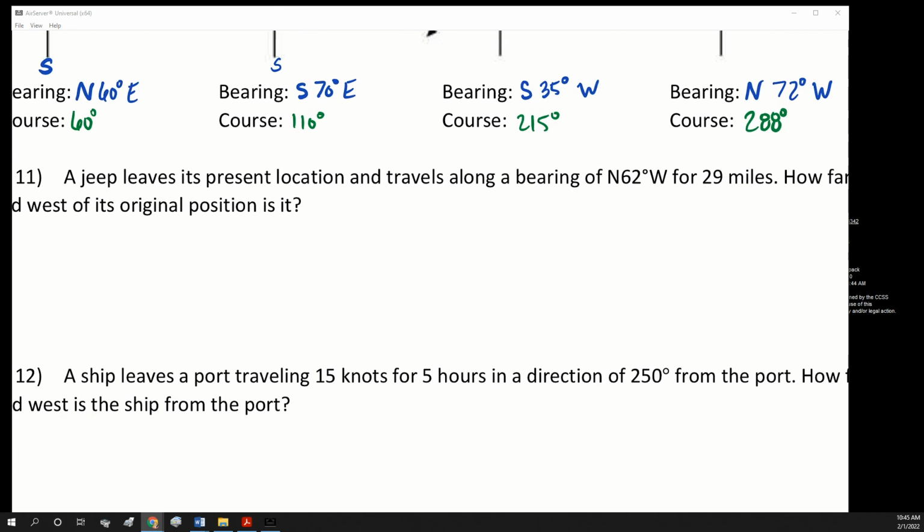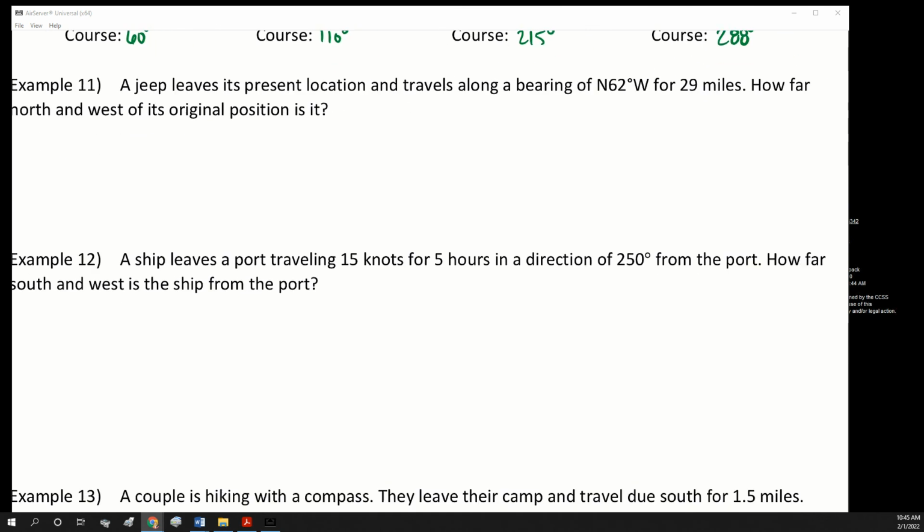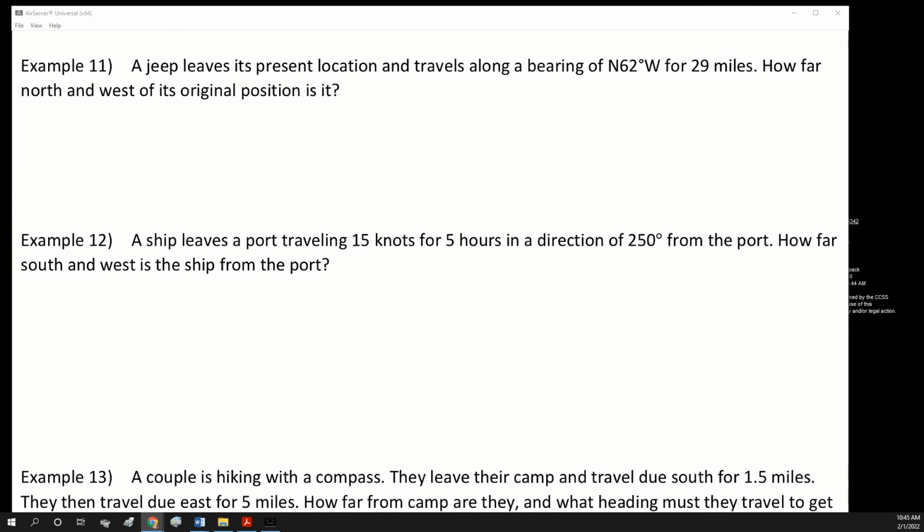All right, let's look at example 11. A Jeep leaves its present location and travels along a bearing of north 62 degrees west for 29 miles. How far north and west of its original position is it? In a lot of these, you're going to want to draw a little coordinate plane.